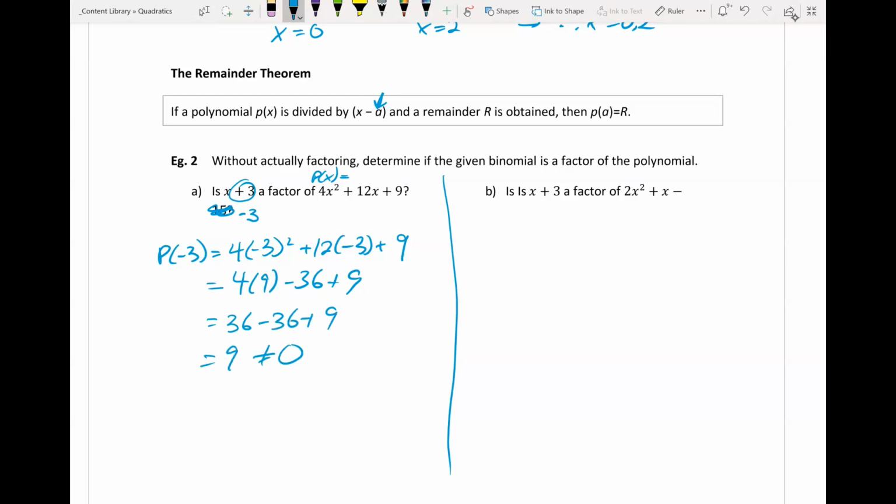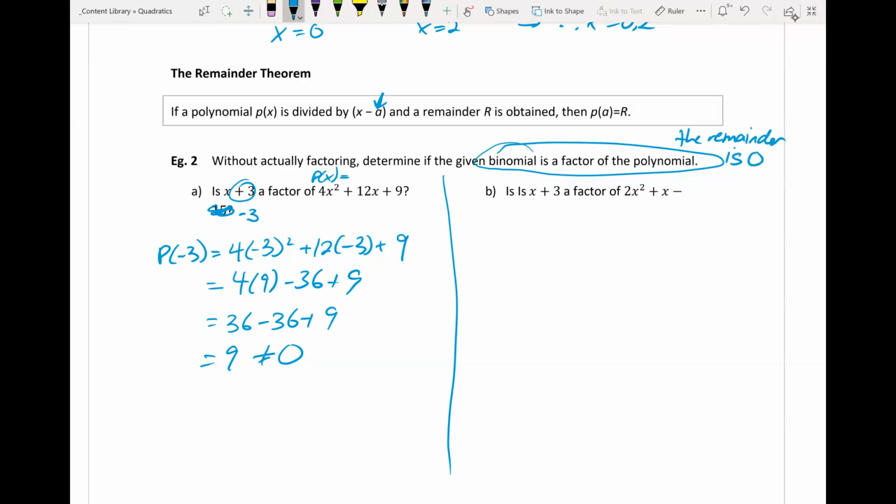This is not 0. So that means if I divide x plus 3 from 4x squared plus 12x plus 9, our remainder is going to be 9. In order for a binomial to be a factor of a polynomial, the remainder has to be 0 because you want to divide evenly so you don't get a remainder.